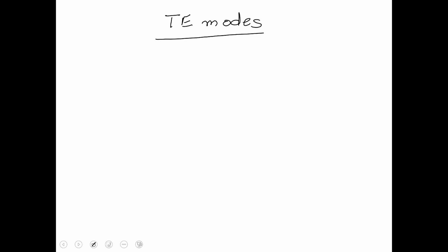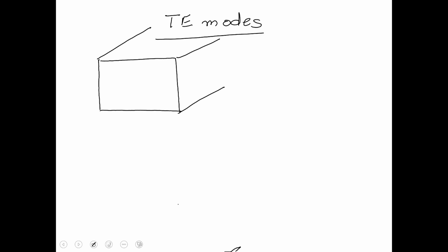Again, the geometry is exactly the same. I have a rectangular waveguide with dimensions 0, a, b, and we are propagating the field in the z direction.